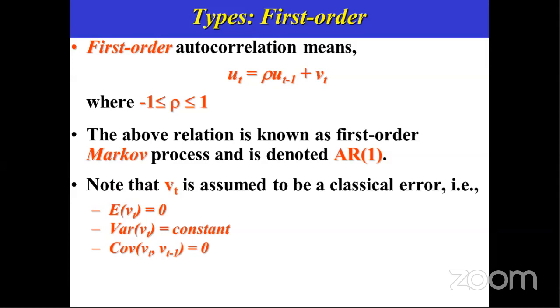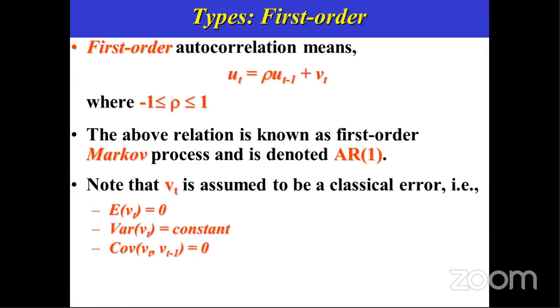For example, the first order autocorrelation is represented as follows. That is ut equals rho ut minus 1 plus vt, where rho is a Greek alphabet. Of course, now we have an expression like this. In this expression, we are estimating autocorrelation, that is, whether ut depends upon its own one period lagged value.